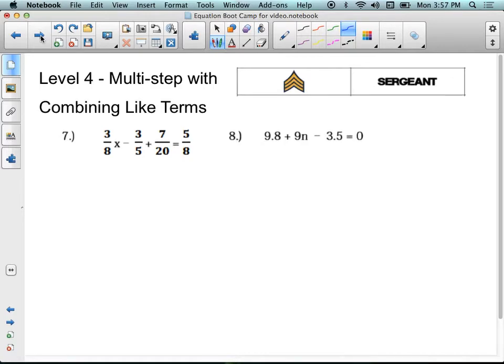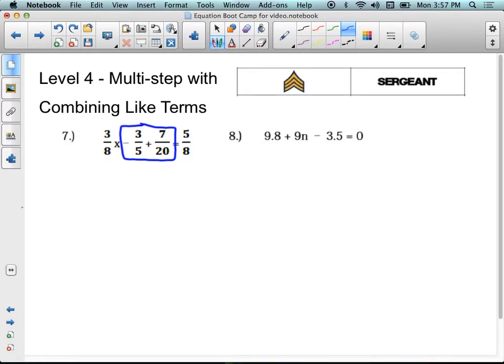When I'm looking at number 7, I see 3/8 x minus 3/5 plus 7/20. I see that I can combine negative 3/5 plus 7/20. Those are both constant terms on the same side with the variable term.